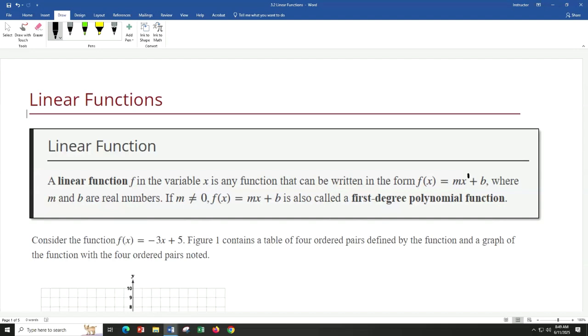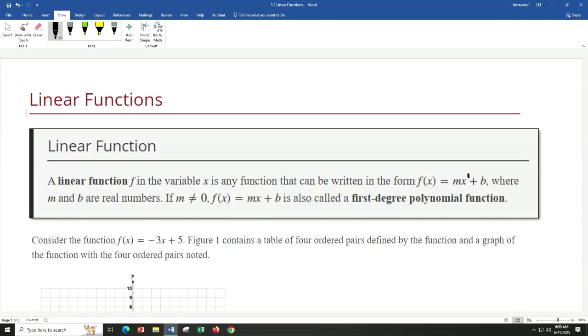So you can tell that no matter what happens, if I have f of x and there's only a power of 1, it's going to be a line. It's going to be a straight line, but it can't be an up and down line, can't be a vertical line, because remember that's undefined. Because remember, that wouldn't be a function.